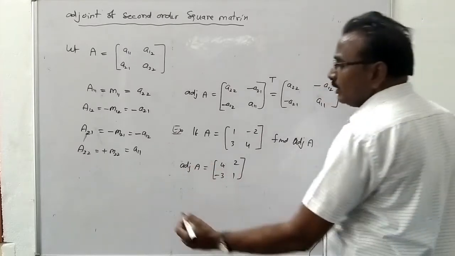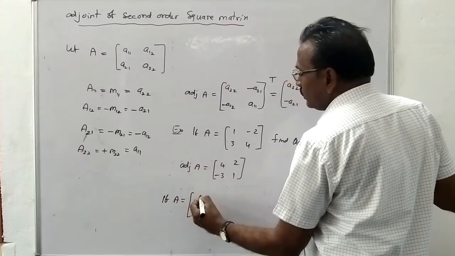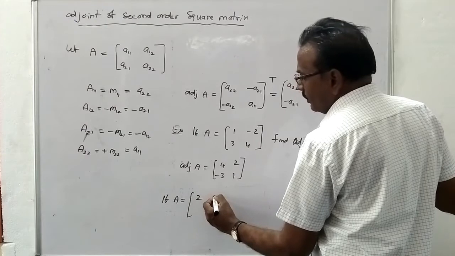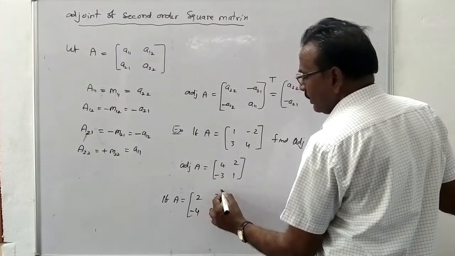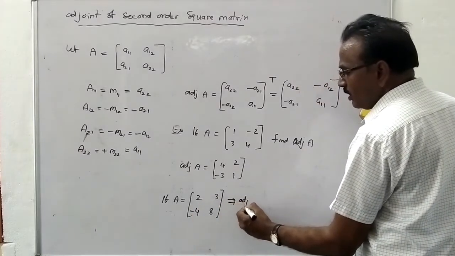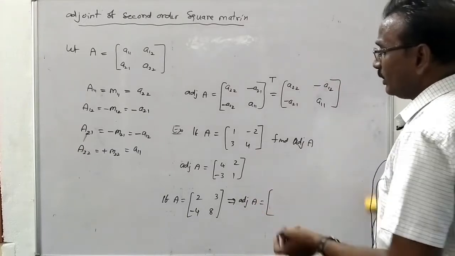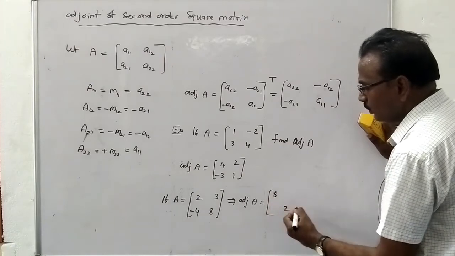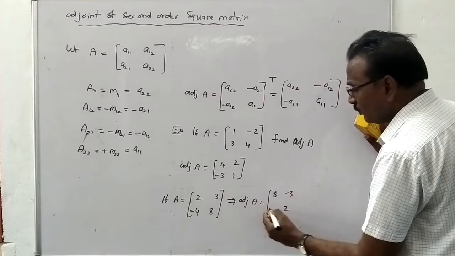Another example: if A is 2 3, minus 4 8, then the adjoint of A is obtained by interchanging the principal diagonal elements, 8 and 2, and changing the sign of the other elements. Here plus 3 becomes minus 3, minus 4 becomes plus 4.